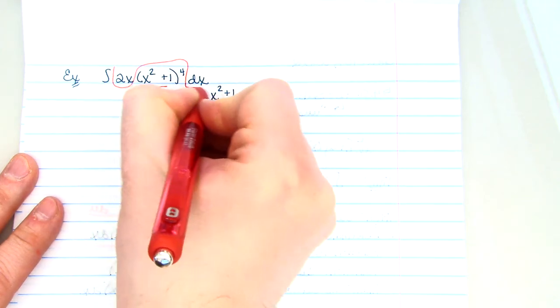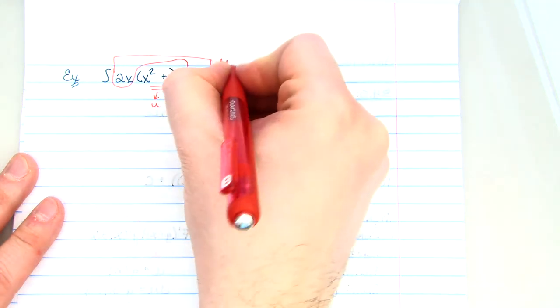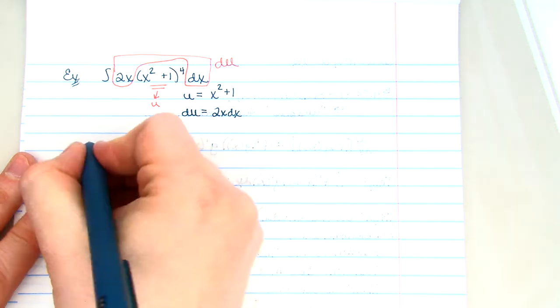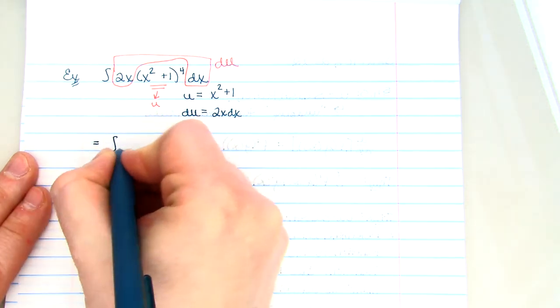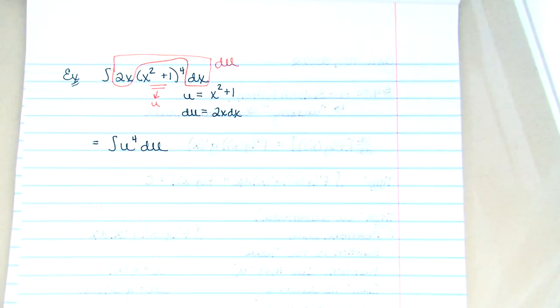Over here, that thing is my u. But the other stuff that was in that problem, that 2x and that dx, those things together are my du. Which means I could rewrite this problem as the integral of u to the 4th du. A much simpler looking problem.